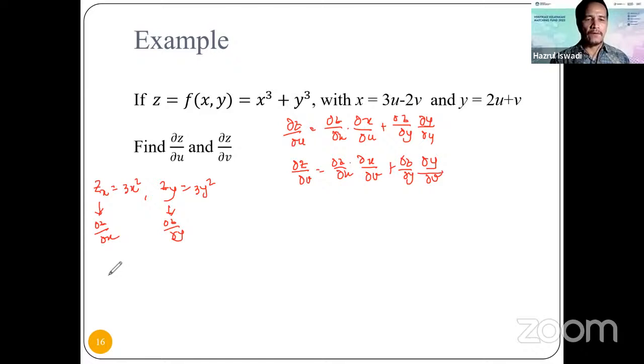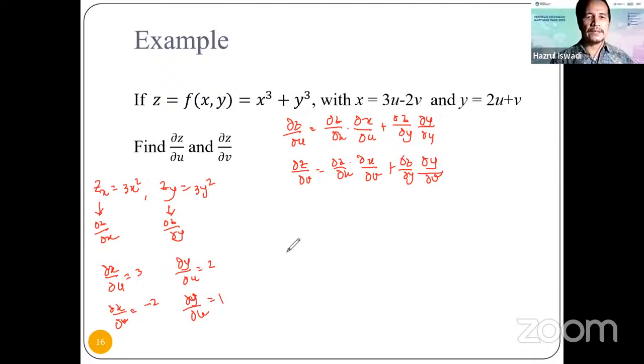And for x, ∂x/∂u is equal to 3, ∂x/∂v is equal to minus 2. On the other hand, ∂y/∂u is equal to 2, ∂y/∂v is equal to 1.